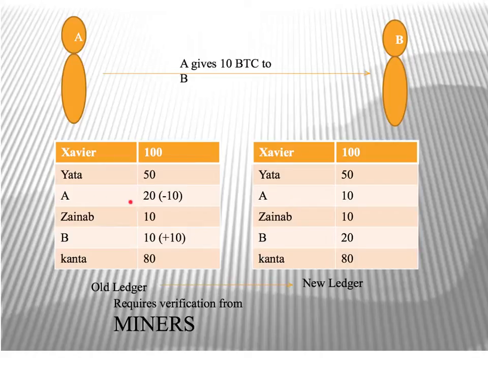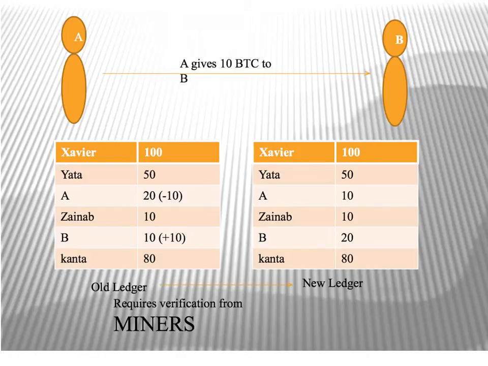Here let's say A has 20 bitcoins, B has 10 bitcoins. Now A gives 10 bitcoins to person B. Now how will the Bitcoin network maintain this transaction? How will it record this transaction? It will record it in a ledger.